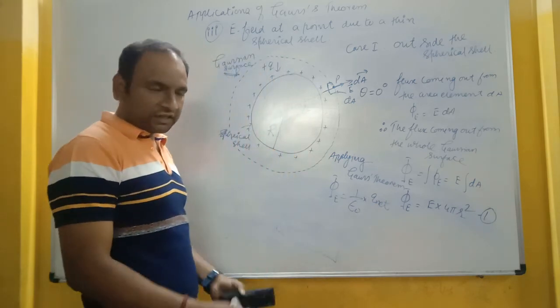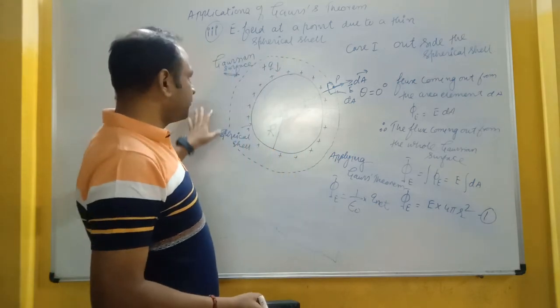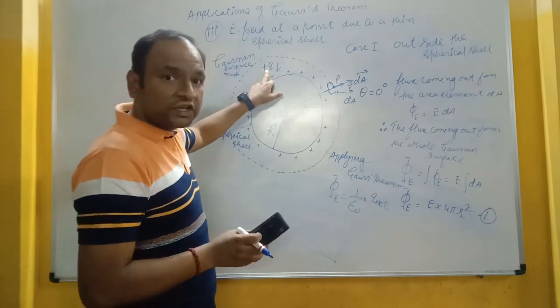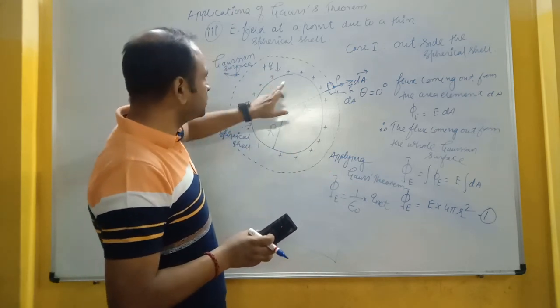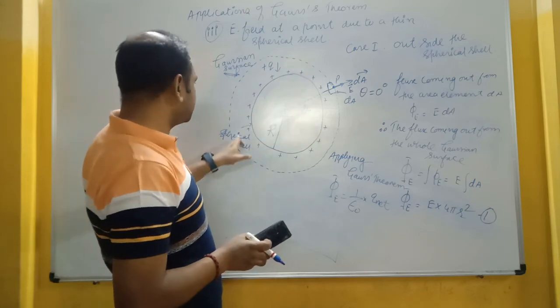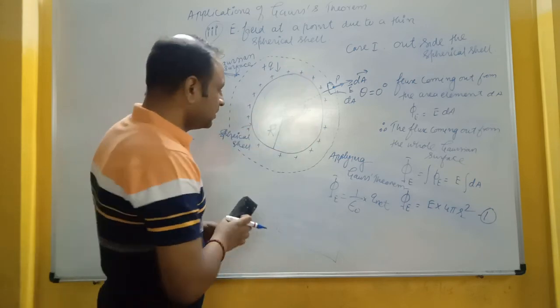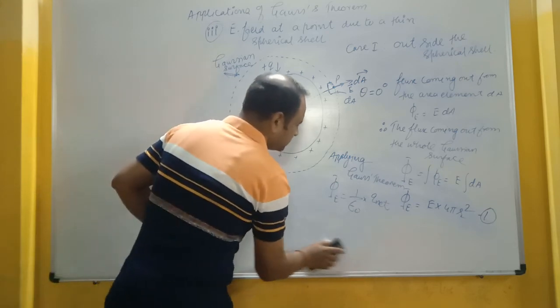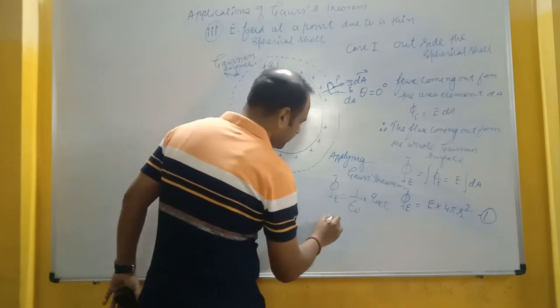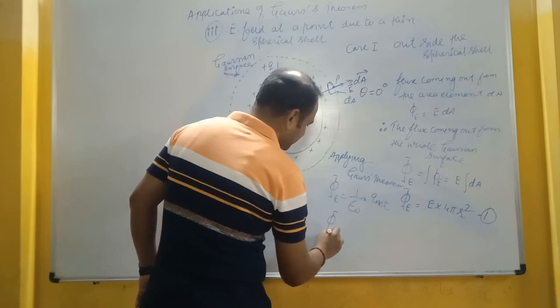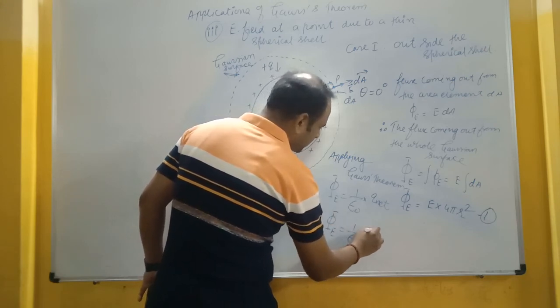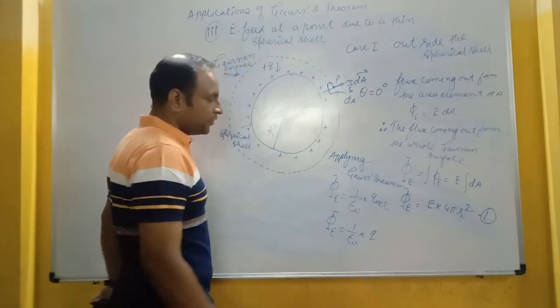Well, this is my Gaussian surface. What is the net charge present inside? It is Q, because this Q was the charge given to my spherical shell. So this phi E is equal to 1 upon epsilon 0 multiplied by Q. That is equation number 2.